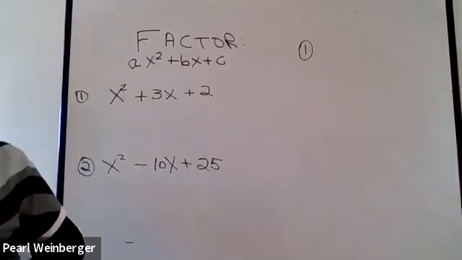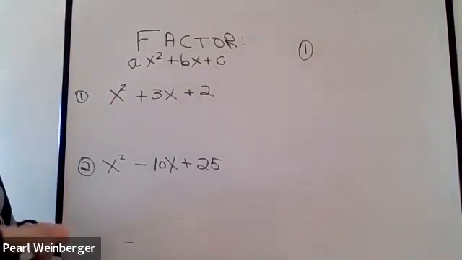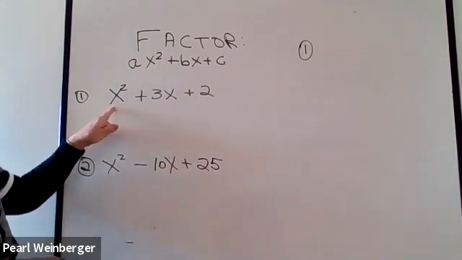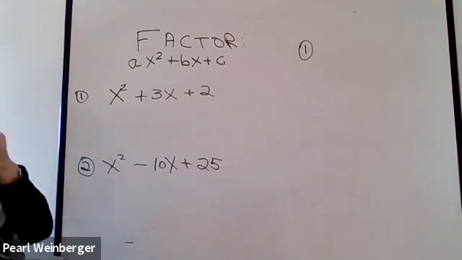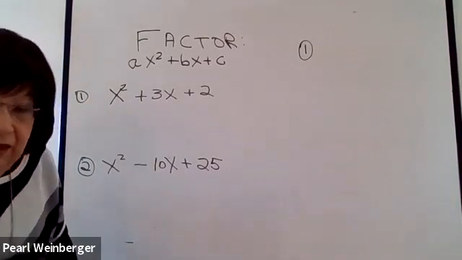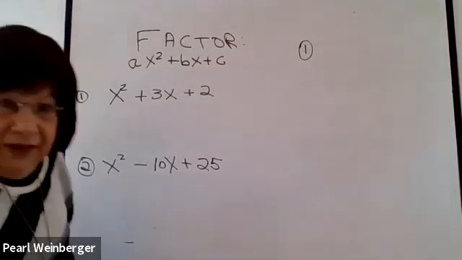So let's look at these now. Somebody want to walk me through number one? I can try, Professor. I don't know if I'm right. Okay, start me off. So we know the AC is 2.